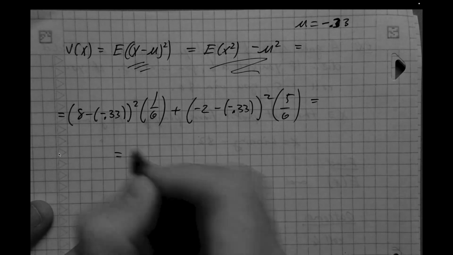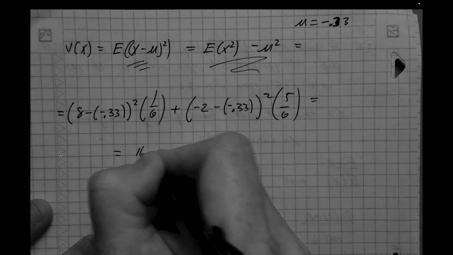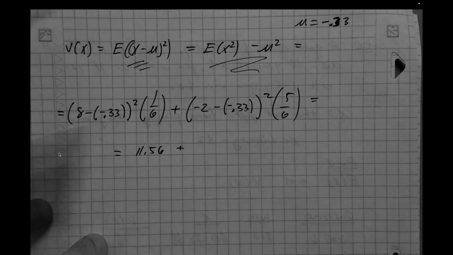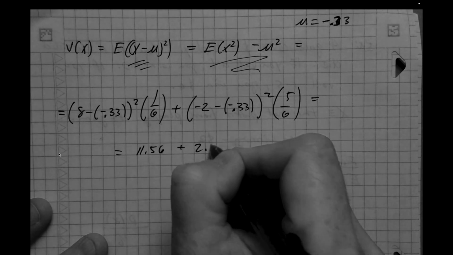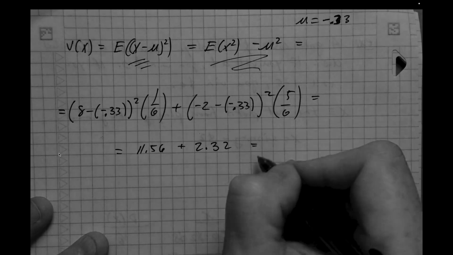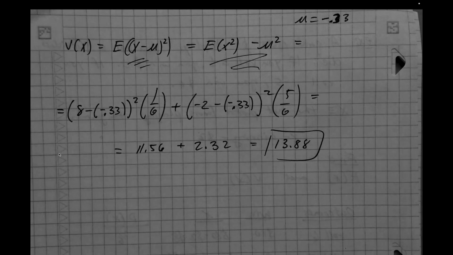And when you crunch all these numbers, you'll get 11.56, and here you'll get 2.32, and so together you should get something like 13.88. So that's the variance. So what does that variance mean? Well, you can see from the variance that the outcomes fluctuate pretty wildly.